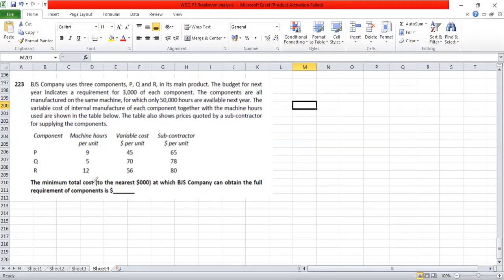What are the machine hours per unit? What is the variable cost per unit? After that, the subcontractor cost per unit is also mentioned. Variable cost is 45, subcontractor price is 65, then 70, then 78, 56, and then 80. So we also have the details about the subcontractor cost.